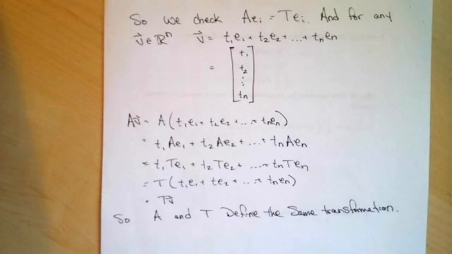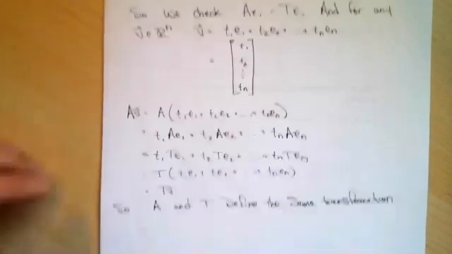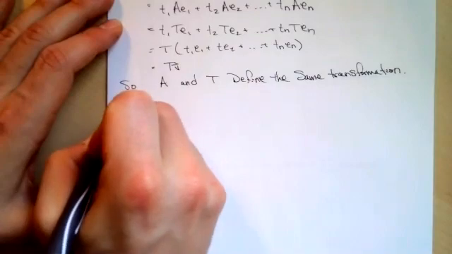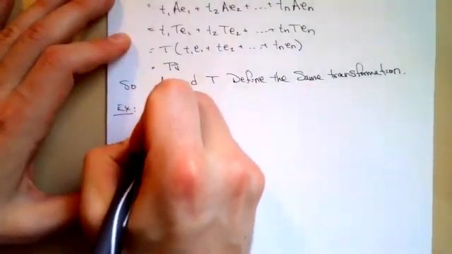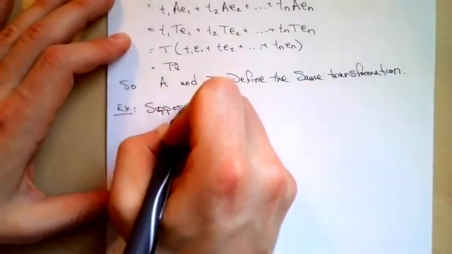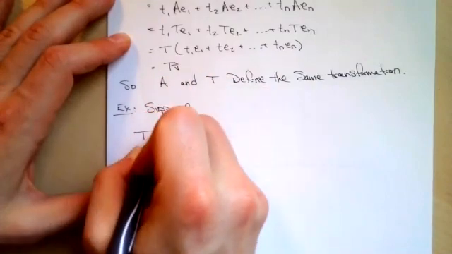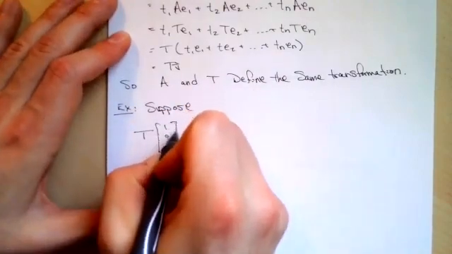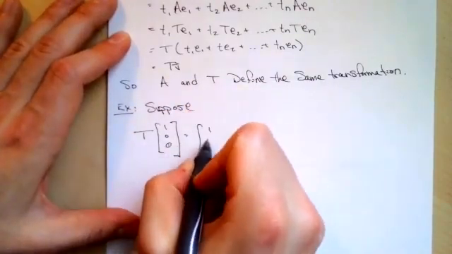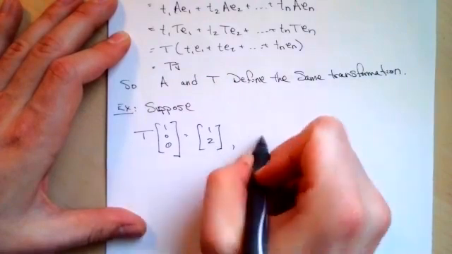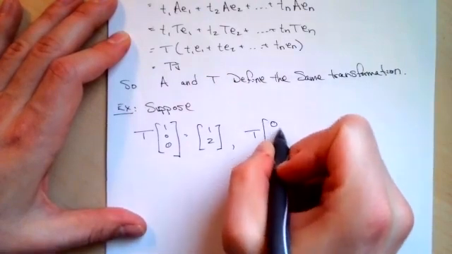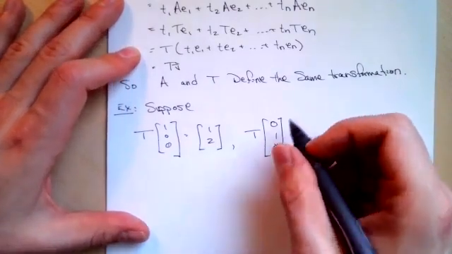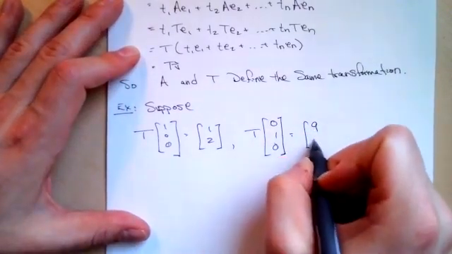Let's see some more concrete examples. So we've got T of (1, 0, 0) is going to be (1, 2). T of (0, 1, 0) is going to be (9, -3).